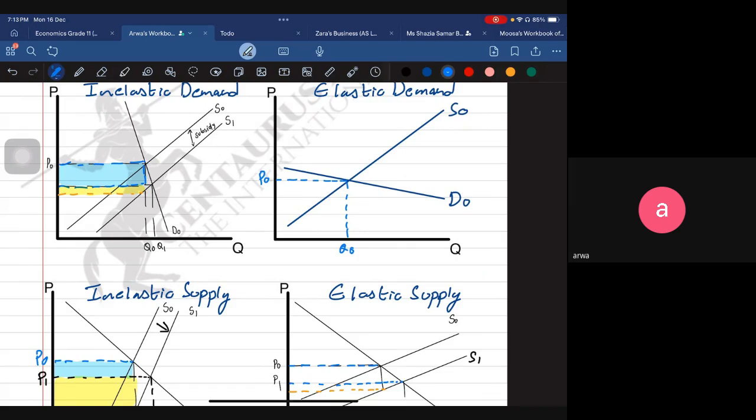Now what you need to consider here is that the supply has increased, right? This is S1. So the new equilibrium is coming somewhere here. This is P1, this is Q1.